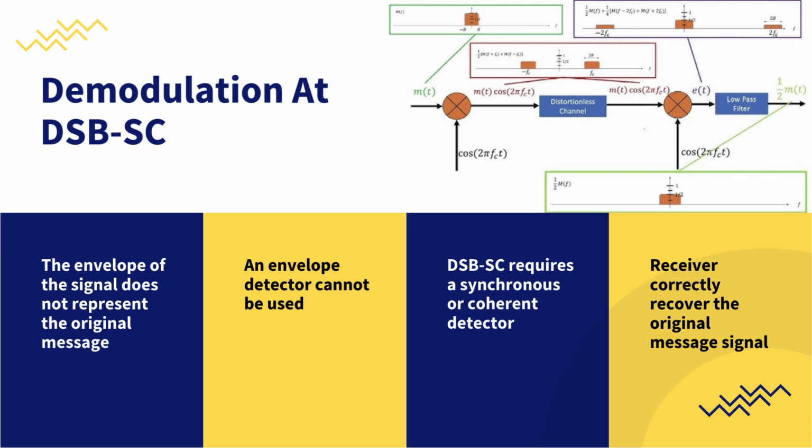Because of this, the envelope of the signal cannot represent the original signal, and the envelope detector cannot be used. Instead, DSBSC requires a synchronous or coherent detector, which uses a locally generated carrier that is synchronous with the transmitter carrier. This allows the receiver to correctly recover the original message signal.